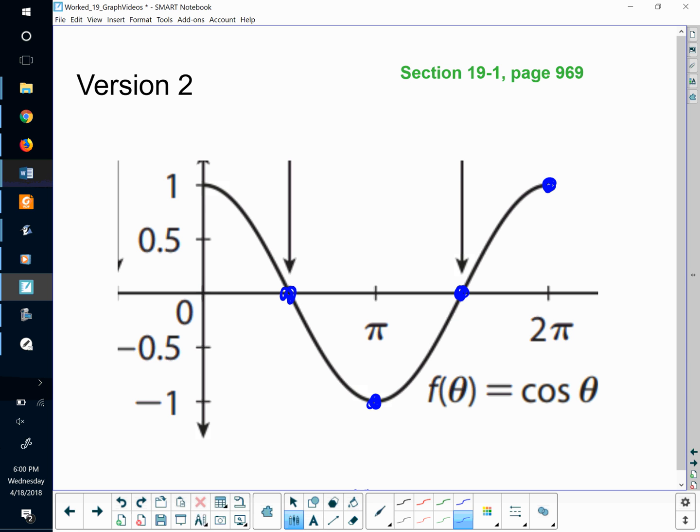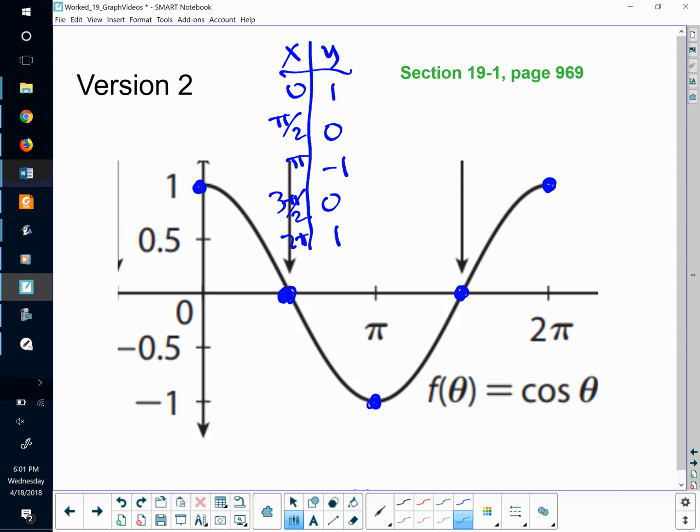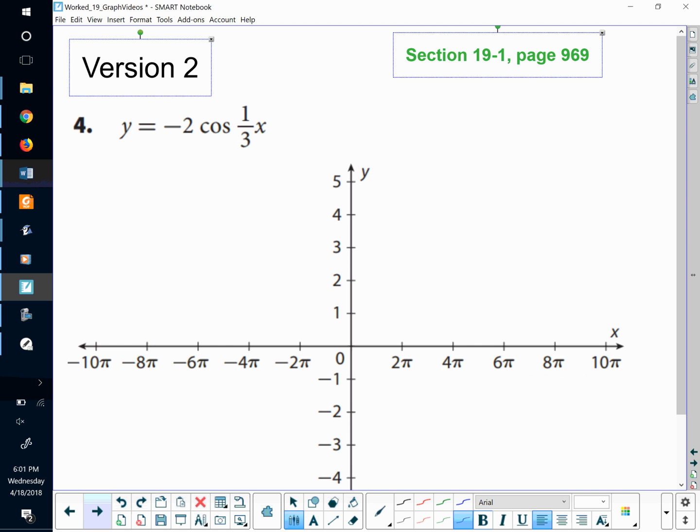We have 0, 1, pi halves and 0, pi and negative 1, 3 pi halves and 0, and 2 pi and 1. So those 5 key points, we're going to say what happens to those 5 key points under the transformations. Same transformations as any other method.